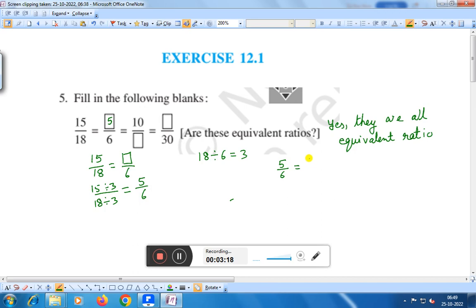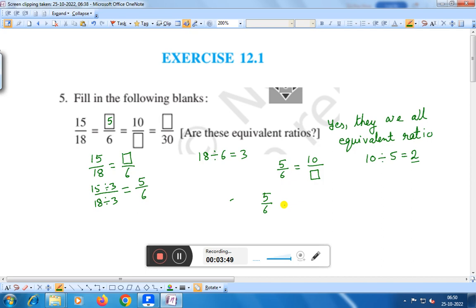Next is 5 by 6 is equal to 10 by dash. First you have to remember that 10 is greater than 5. Therefore, we have multiplied this 5 with something to get 10. What will we do? 10 divided by 5 is equal to 2. That means you have to multiply by 2 in both numerator and denominator to get an equivalent ratio of 5 by 6.